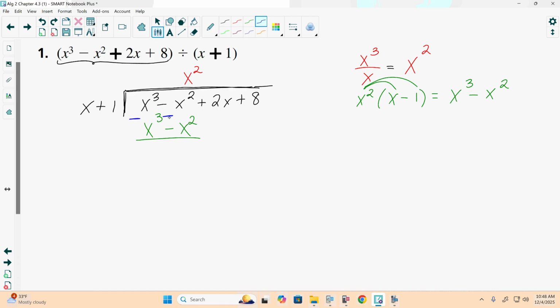The reason we have it set up is we need that first term to cancel out. We need it to reduce down as we go through these steps individually. X cubed minus x cubed, x to the third minus x to the third is 0, because we want that first one to become 0.